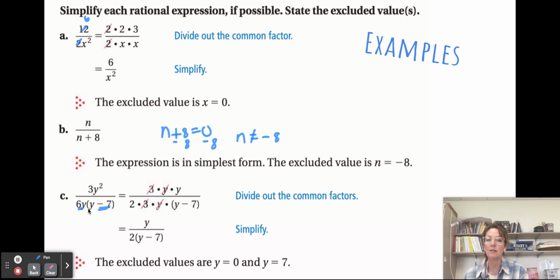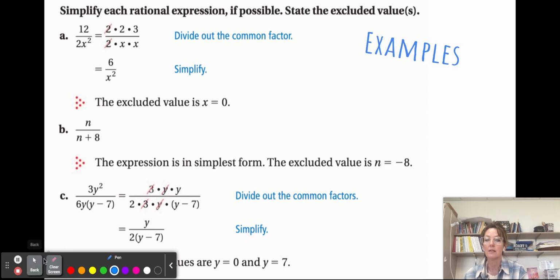There were these 2 things. So this cannot equal 0, and this cannot equal 0 because of the zero product rule. So for 6y to equal 0 is when y is equal to 0, and when y minus 7 is equal to 0, that's when y is equal to 7. So those are the 2 excluded values, and a lot of times we have more than one excluded value.